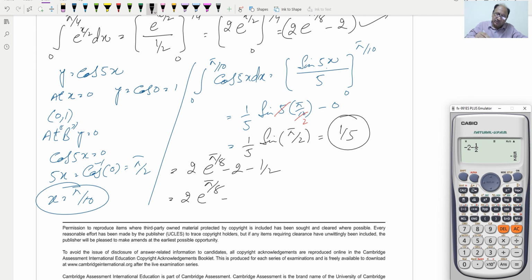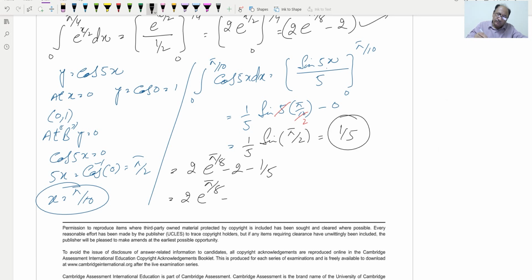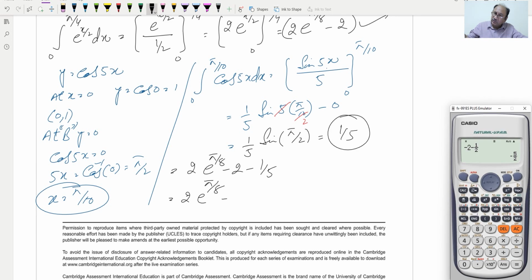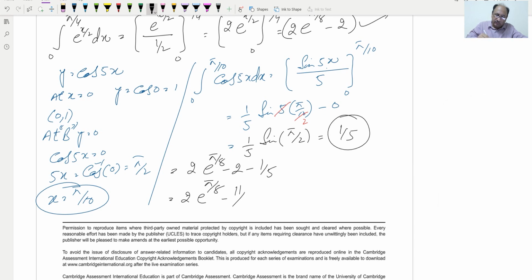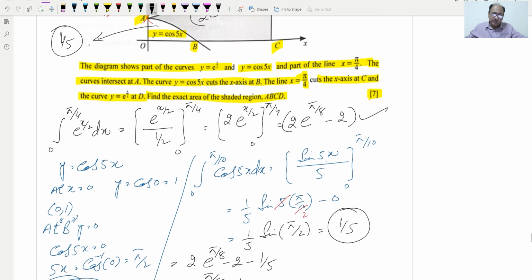It's not 1 by 2, it's 1 by 5 basically. So we can rectify, and this will be equal to 2 e raised to pi by 8 minus 11 by 5, and this is the shaded area.